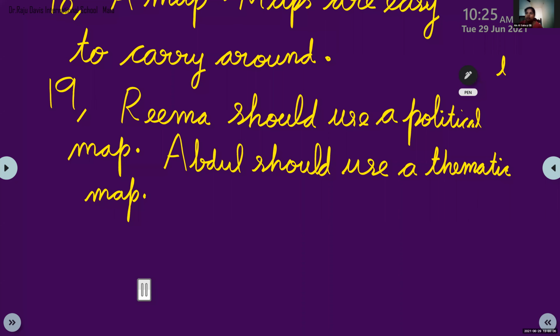Maps can also be used to get detailed information about various landforms. Shall we write down that answer? Yes, ma'am. Maps can be used to find out the route and calculate the journey time. That point we can write.